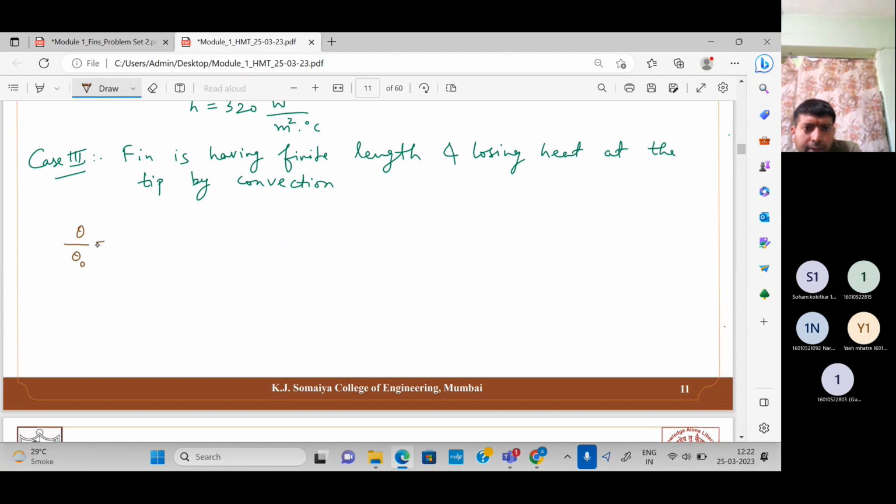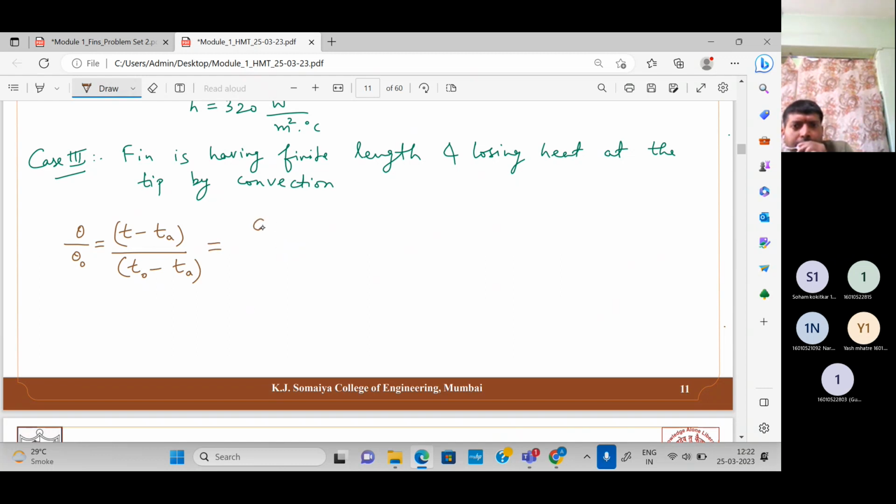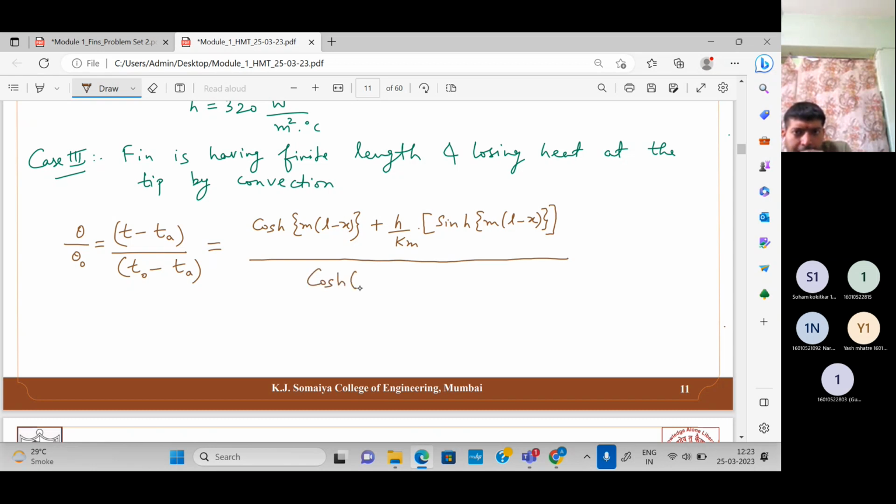Theta by theta naught is equal to T minus TA divided by T naught minus TA, and it is equal to cosh m(L minus x) plus h by km into sinh m(L minus x), divided by cosh mL plus h by km into sinh mL.